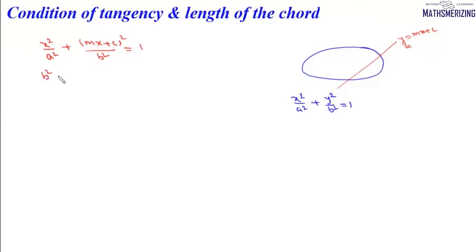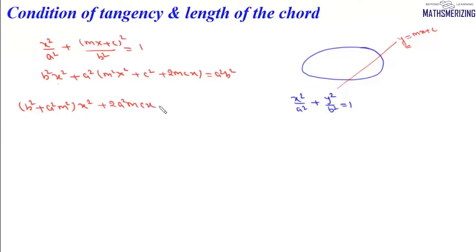So this equation will now become b square x square plus a square (m square x square plus c square plus 2mcx), and this is equal to a square b square. Now we can write this equation as a quadratic equation in x. So we'll write it as (b square plus a square m square) x square plus 2 a square m c x plus a square (c square minus b square) equals 0.